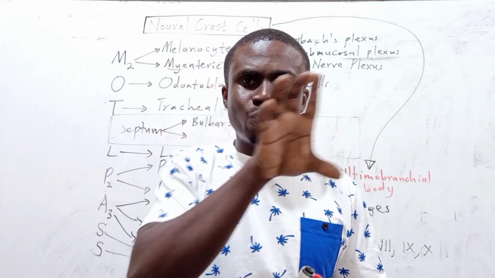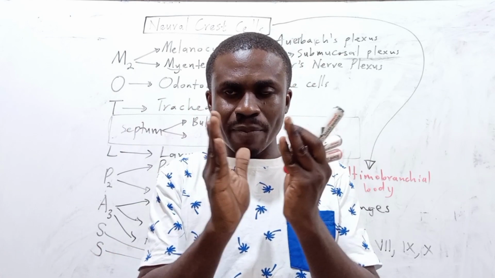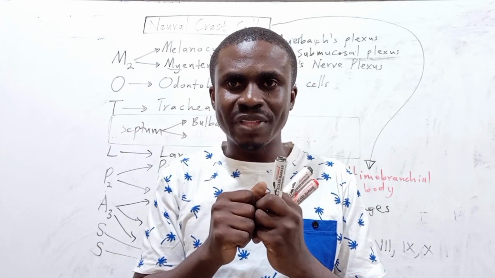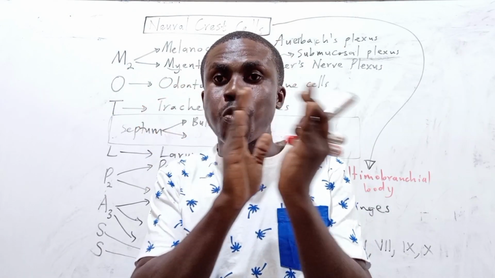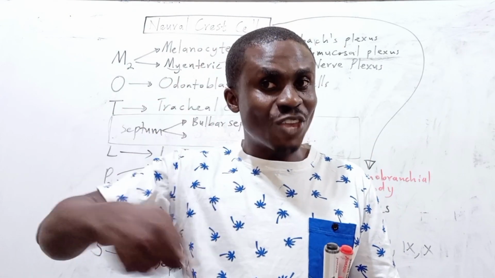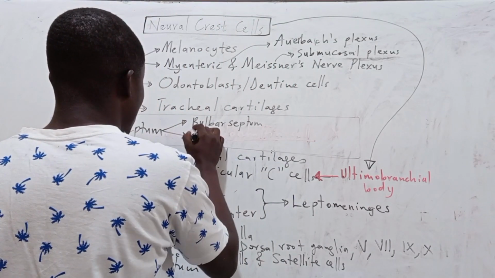Now, these two vessels will have a septum separating them, and that is why that septum will be called the aortico-pulmonary septum. Let me put that one down. Aortico.